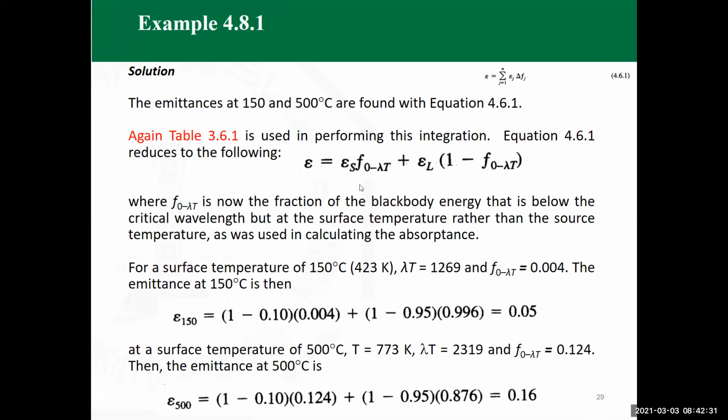So we're going to do the same, measuring the emissivity by the same procedure, but knowing that our absorber surface is at 150 degrees centigrade, which is 150 plus 273 to change it into Kelvin, so it's 423. So 3, which is the distinction of the wavelength, multiplied by 423 is a lambda T of 1269.